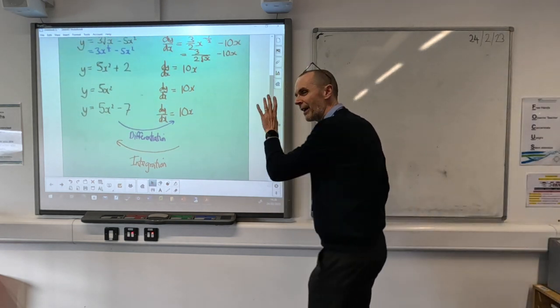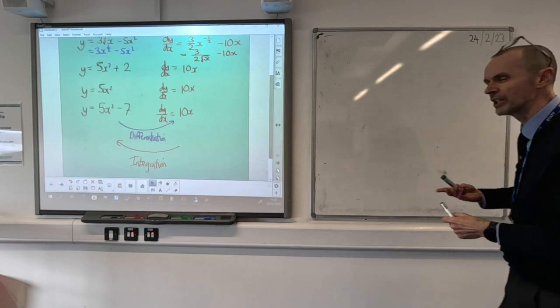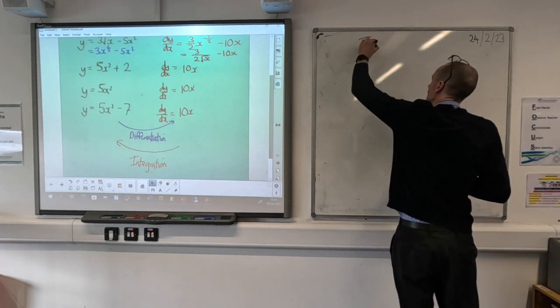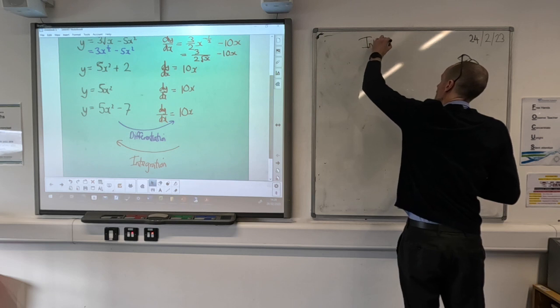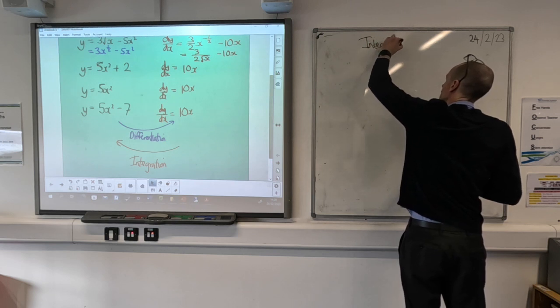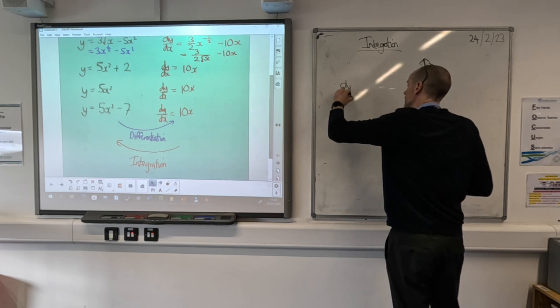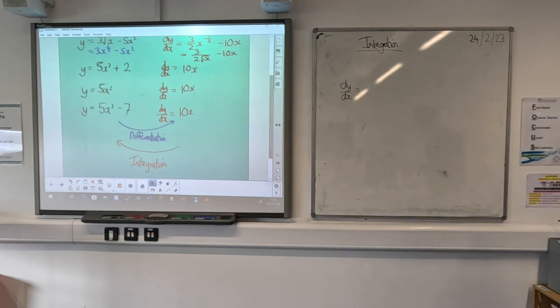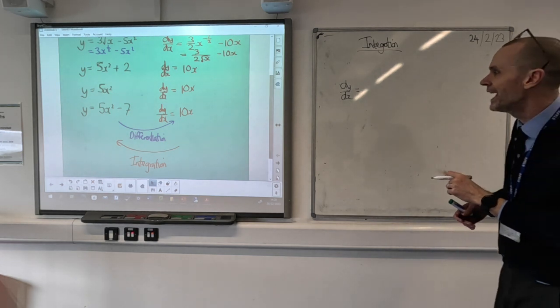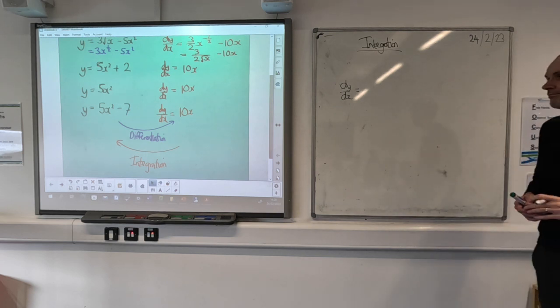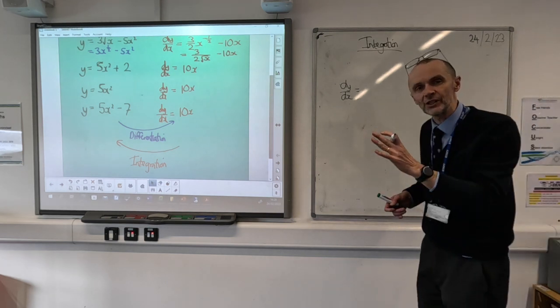We're not going to talk about any of its uses today, we're just going to practice the nuts and bolts of integration. So integration is the process that takes a dy by dx, or an f dash of x, a formula for the gradient, and turns it back into a y equals function. There is some other notation that we'll meet.